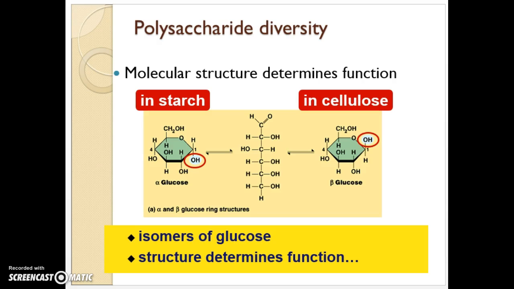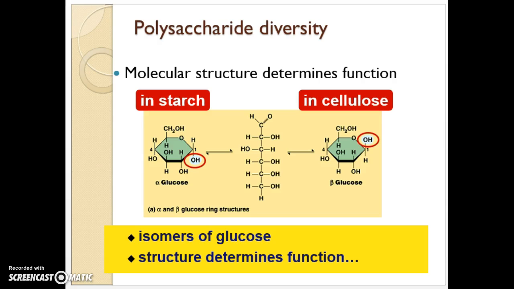What's also important in this distinction is that enzymes that digest starch work at hydrolyzing the alpha linkages, but those same enzymes cannot hydrolyze the beta linkages in cellulose. So that's why when humans, for example, eat cellulose, we cannot digest it.